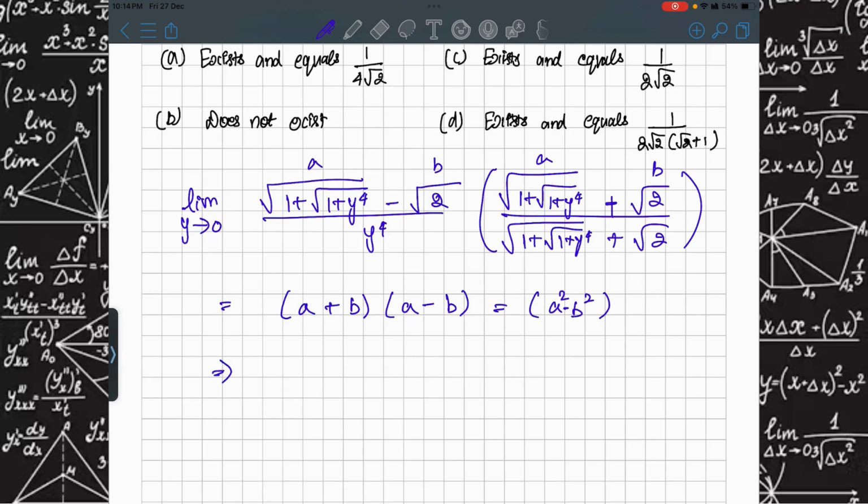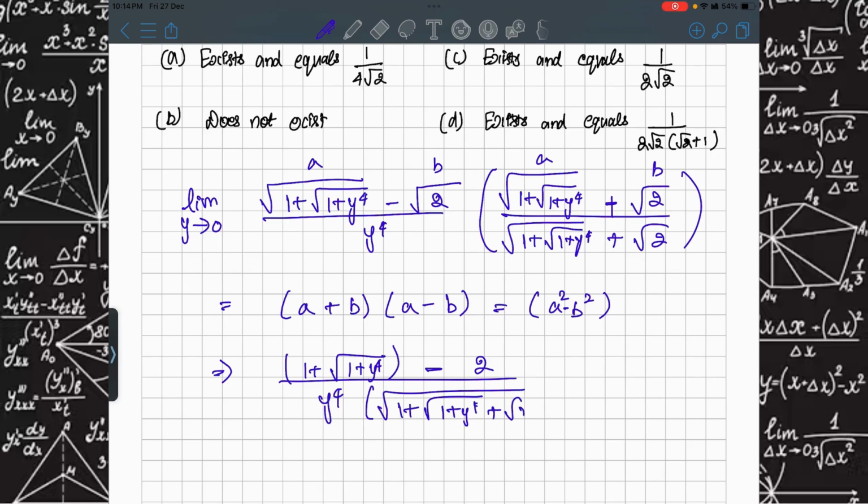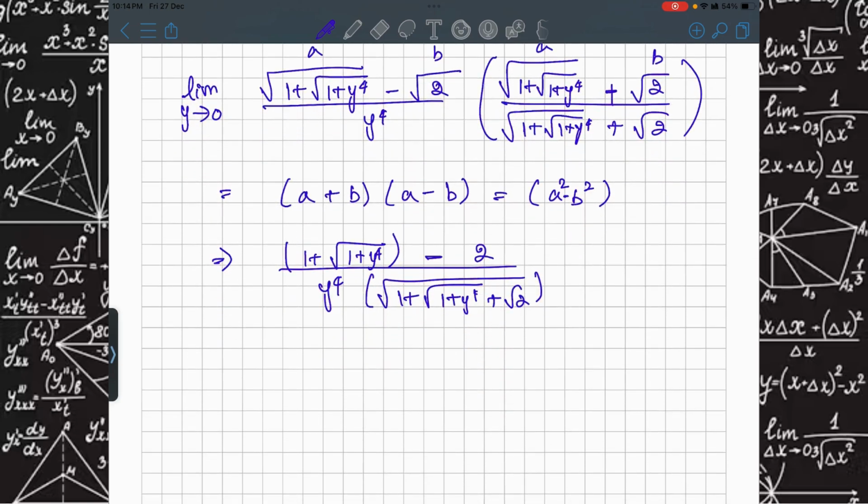So the answer will be 1 plus y power 4, minus 2, divided by y power 4 into 1 plus root of 1 plus y power 4 plus root 2, right? So this is the first step. We have successfully finished the first level of rationalization.